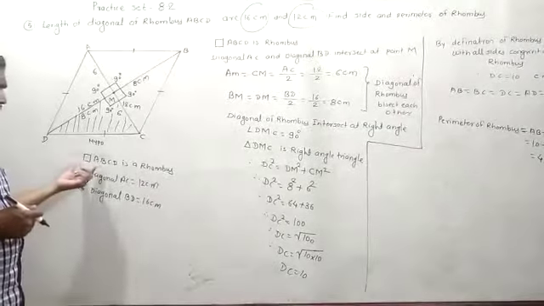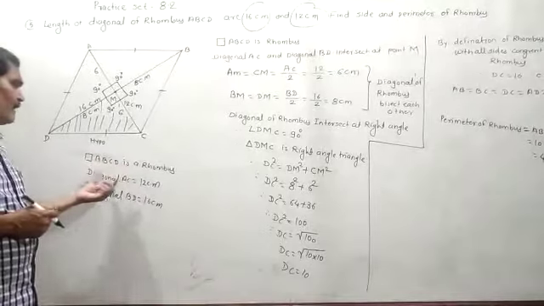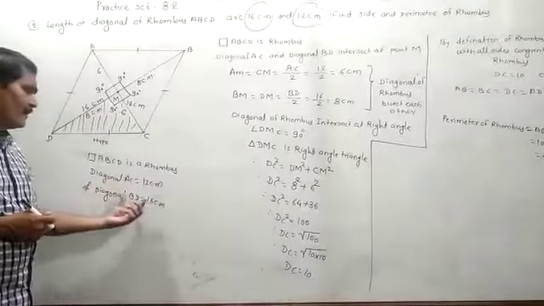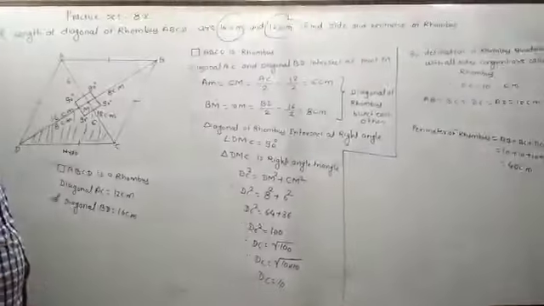So here I wrote quadrilateral ABCD is the rhombus, diagonal AC is equal to 12 centimeter, diagonal BD is equal to 16 centimeter.